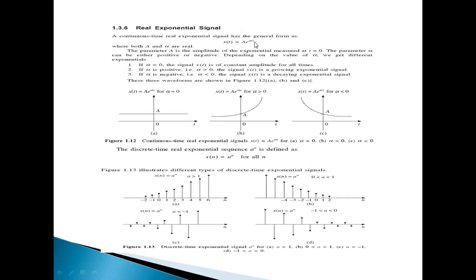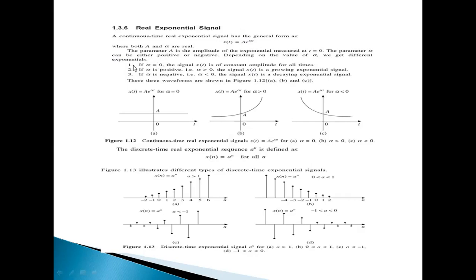That is the multiplication factor for t, and for the total exponential function, the multiplication factor is the amplitude. Depending on the value of alpha, we get different exponentials.